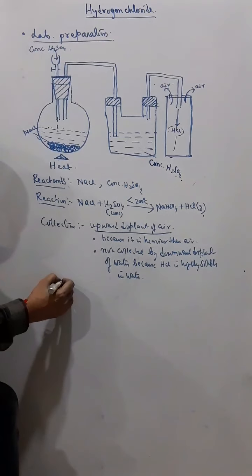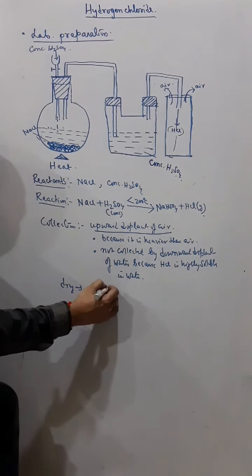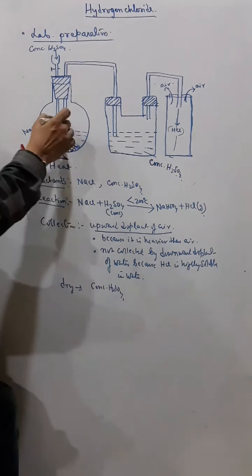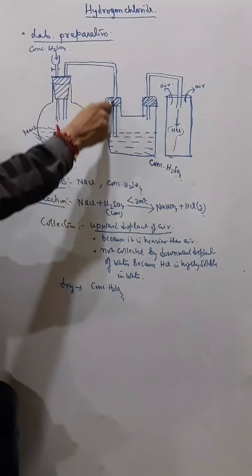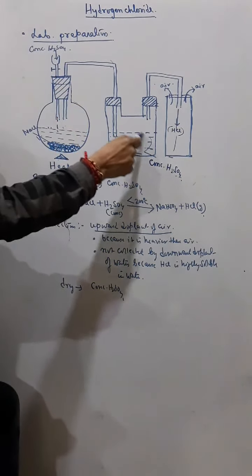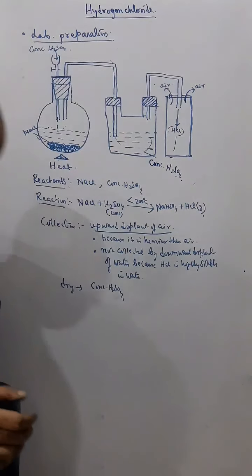And then purification means drying, as I have already told you, passing through concentrated sulfuric acid. So HCl gas is first formed here, then it is passed through this concentrated sulfuric acid solution, it gets dried up, and then we collect it here.